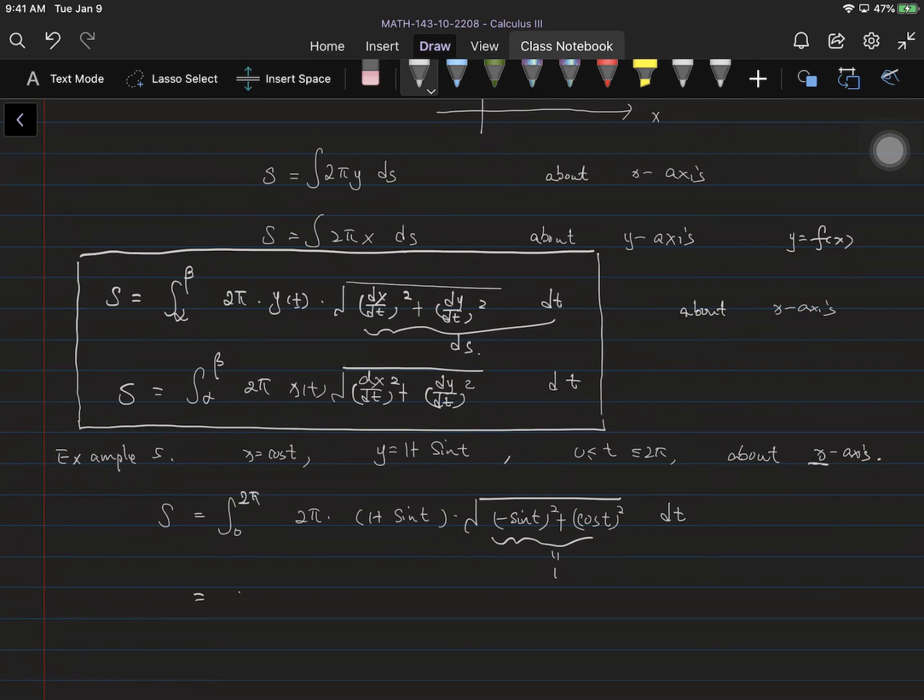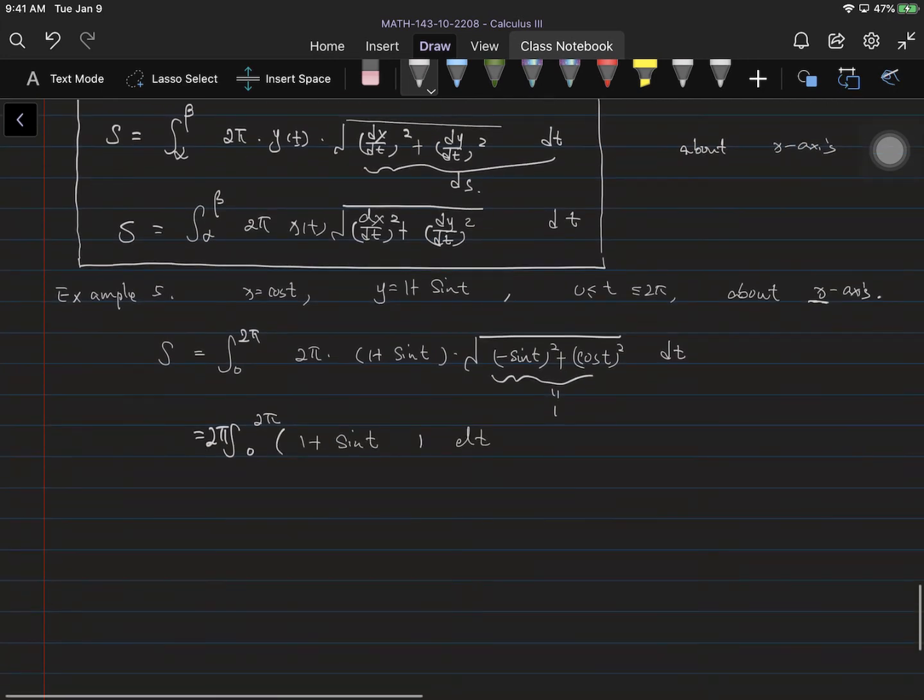So our integral becomes, I'm going to take the 2 pi out because it's just a constant, so we don't want to include that in our integral. It makes the integral a little easier: 1 plus sine t and dt. That's our integral. Now just calculate this one. 2 pi times pi, and the integral of sine should be negative cosine, from 0 to 2 pi.